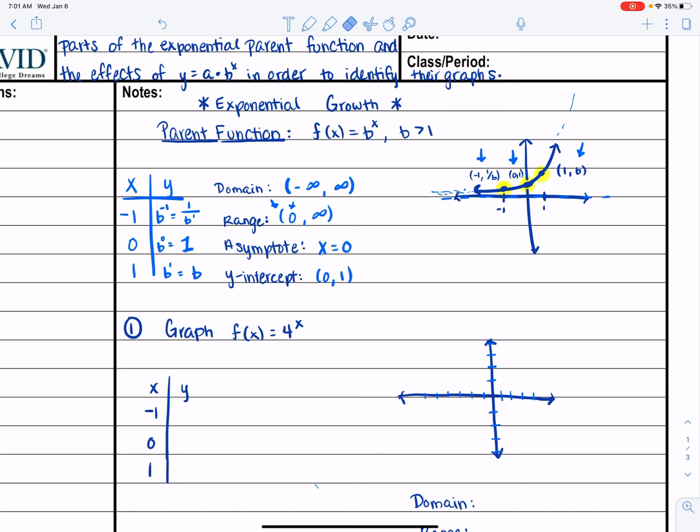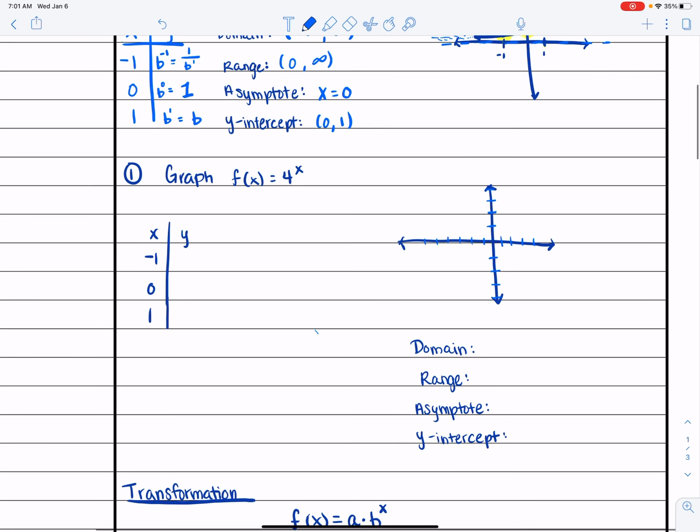Okay, so now let's put some numbers to it, and it'll make a little bit more sense. So if I take the graph f of x equals 4 to the x power, we're going to build the graph of that equation, so we need to find some points that we can plot on it. So if I use x as -1, then I have 4 to the -1 power.